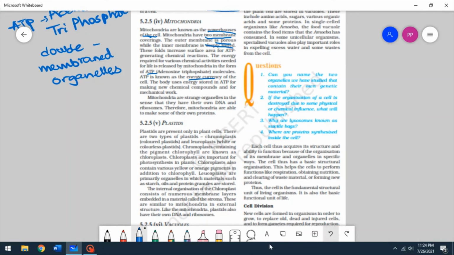let me switch colors here. Mitochondria. And again, I'm getting a little ahead of myself, very little, but I am getting ahead of myself when I say, and plastids, they both have double membrane.